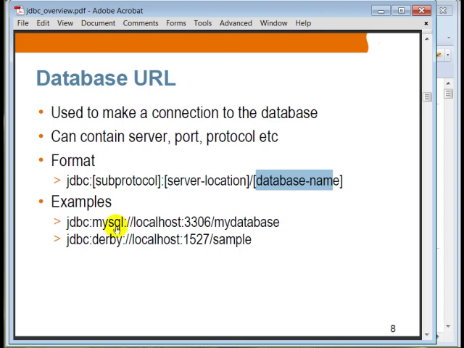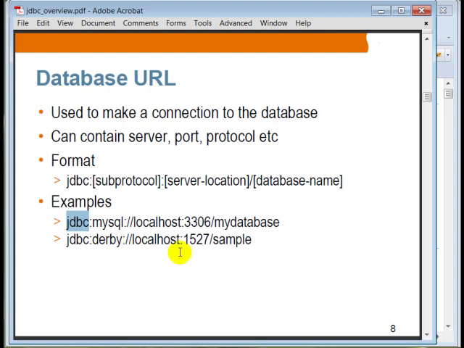You probably have seen the MySQL version of the JDBC URL like this. You have jdbc colon, and then mysql, that is the MySQL-specific protocol. And then you have the server location, in this case localhost and the port number 3306. And then mydatabase, this is the name of the database.